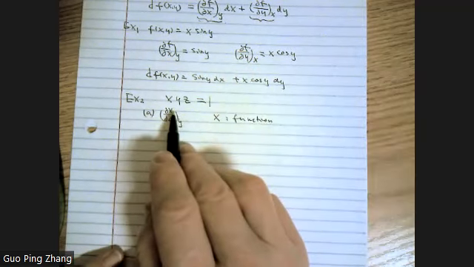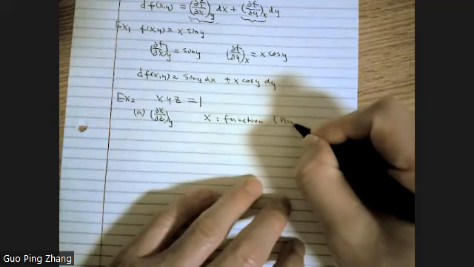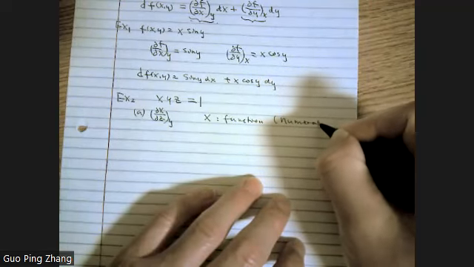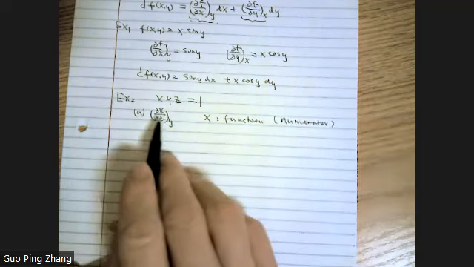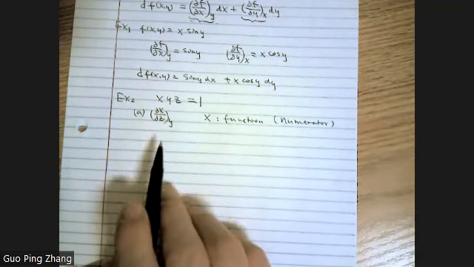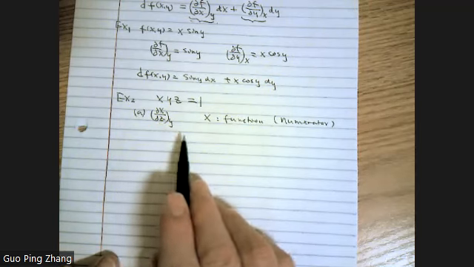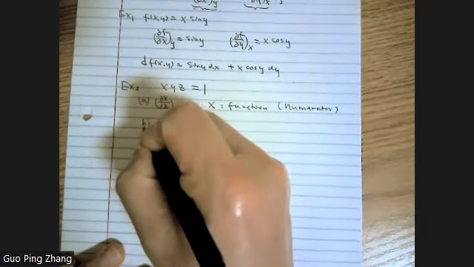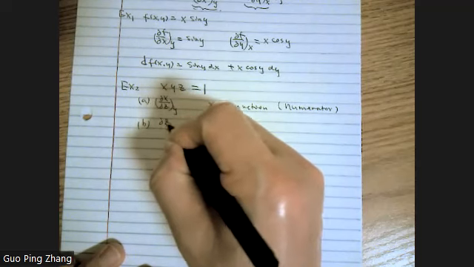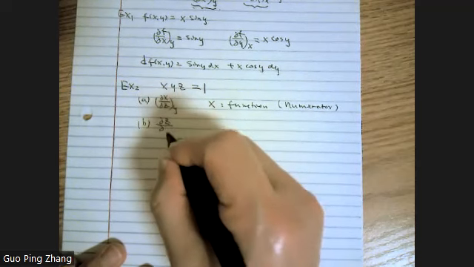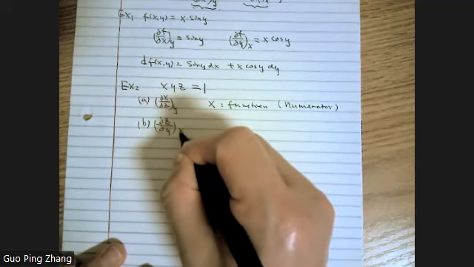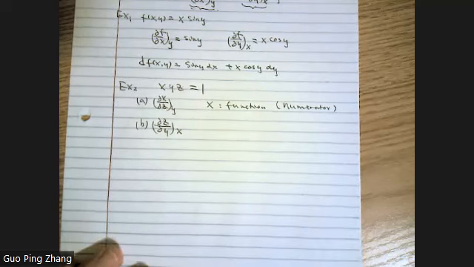Because it's on the numerator. Anything on the numerator is a function. The denominator, as you can see, is a variable. Second, what about if we calculate partial z over partial y, holding x constant?